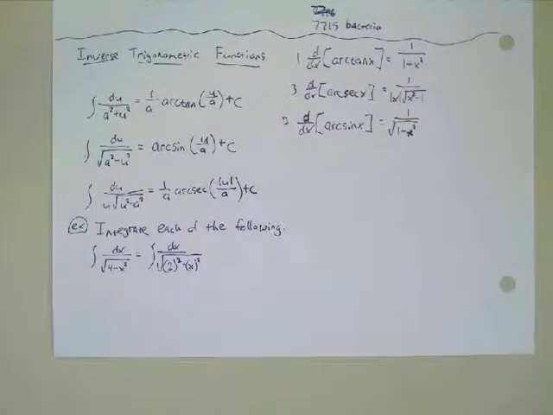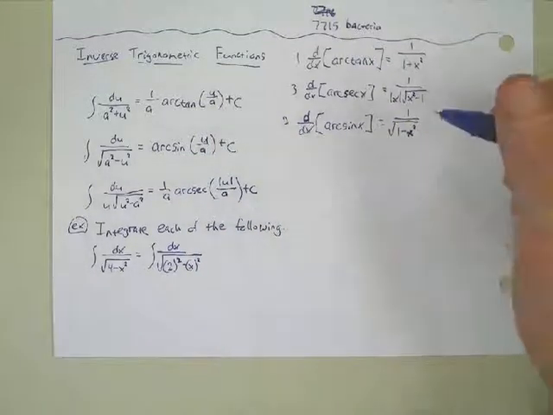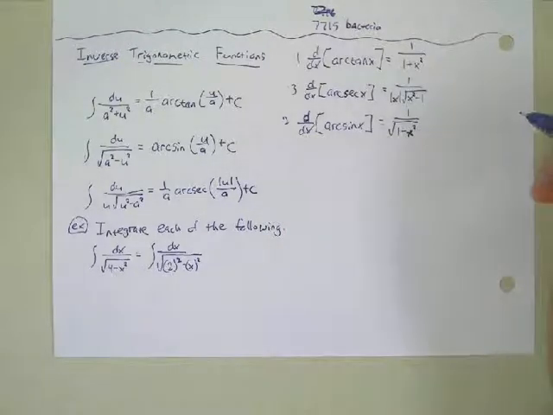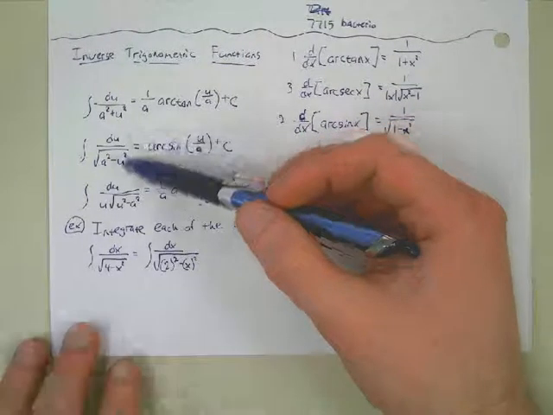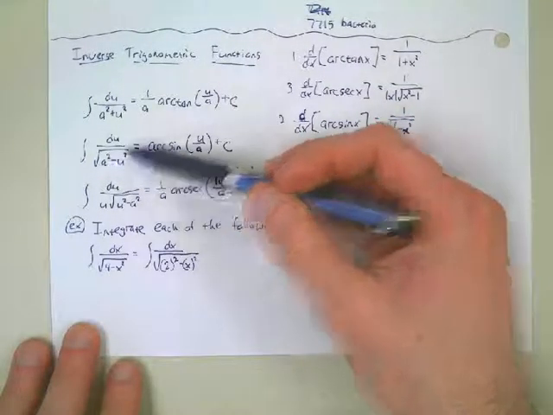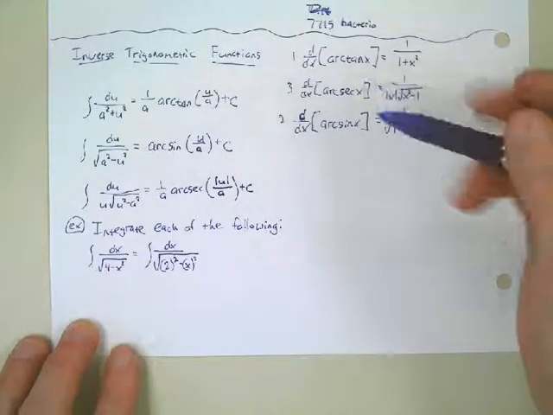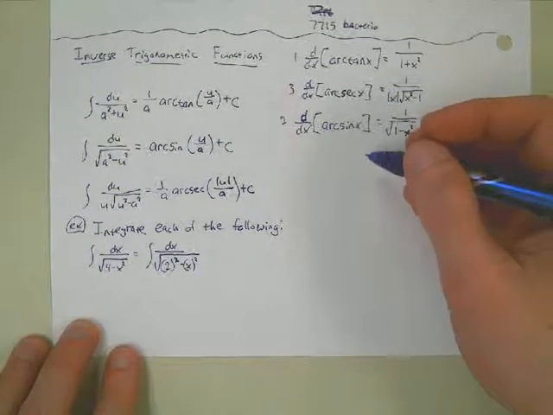Because to integrate this, we need to know what our u and our a are. So what is u in this case? Let's be careful, it's not as obvious maybe as we think. There's a squared minus u squared, so what's our u? It's x, the subtracted quantity.